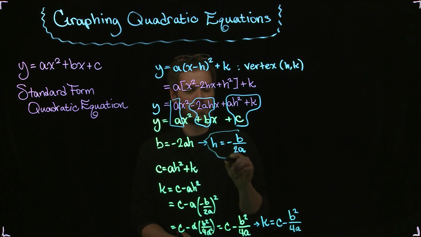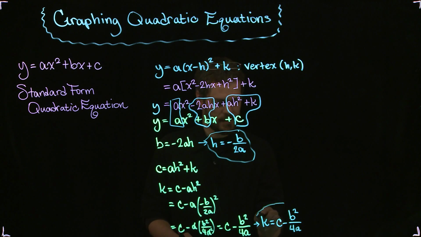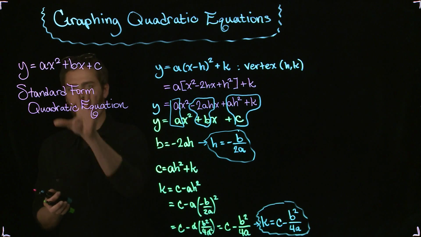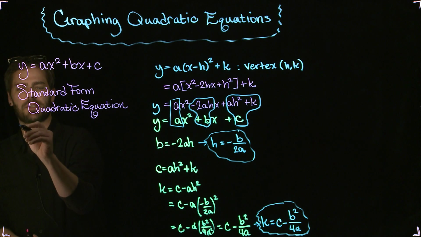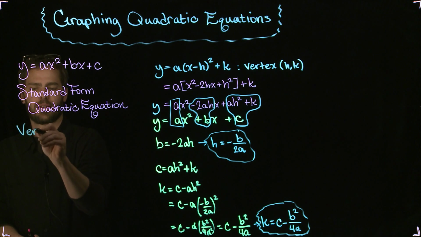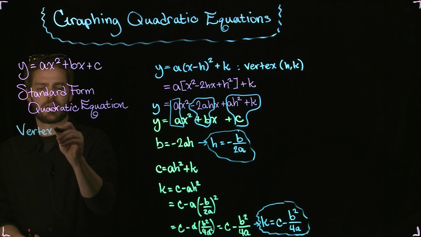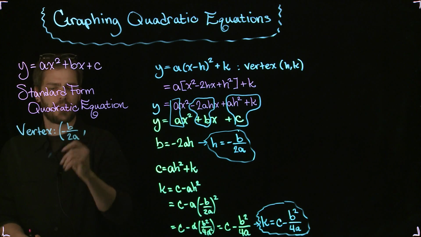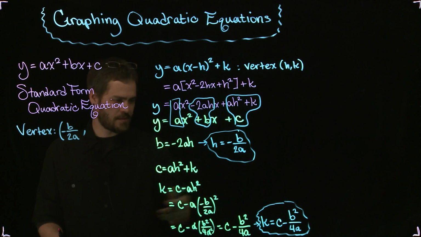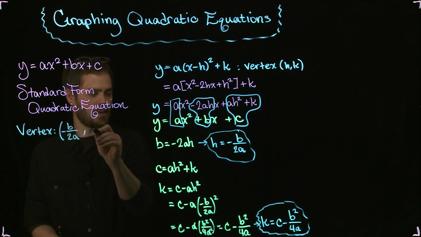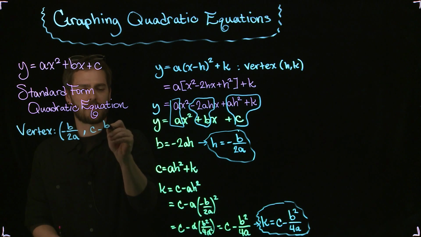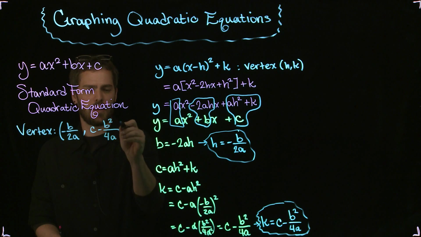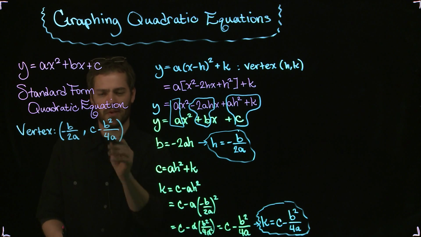So the vertex of the standard form must be the following: it is located at negative b over 2a for the x component, and you could put c minus b squared over 4a for the y part. But practically, we don't usually do that.